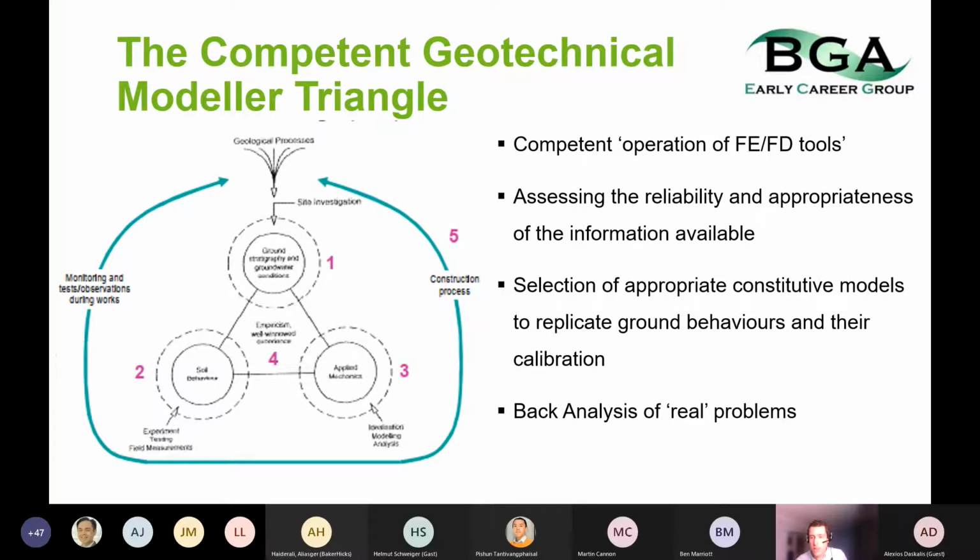They have to be competent in the use of whatever finite element or finite difference code they're using. They have to understand the reliability and the appropriateness of the information at hand for the modeling. After all, rubbish in, rubbish out prevails. They have to have a good understanding of the constitutive models that describe the soil behavior in the analysis we are doing, and how we calibrate them appropriately.